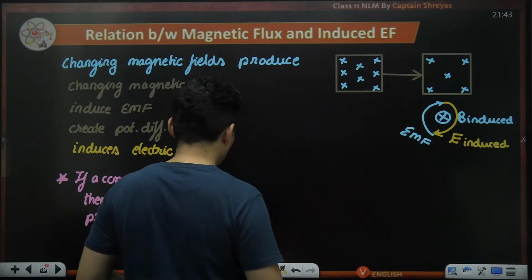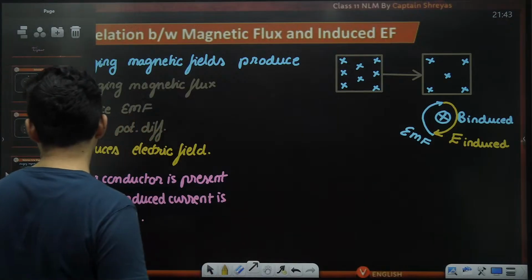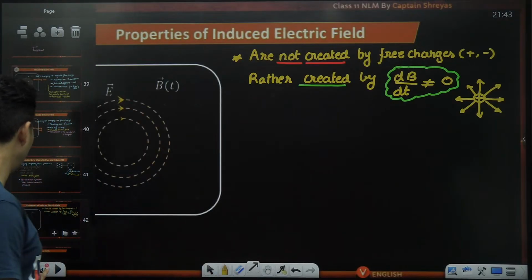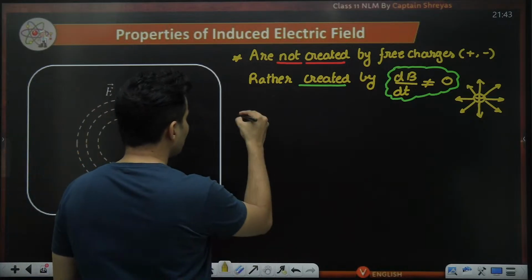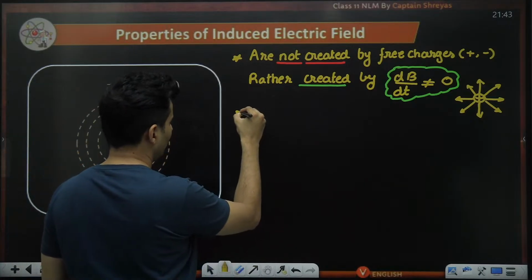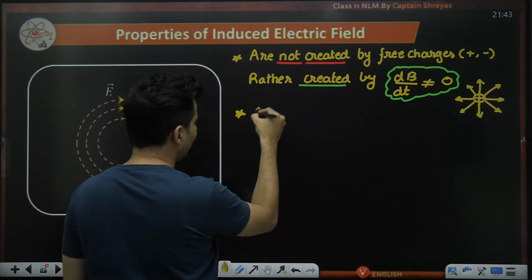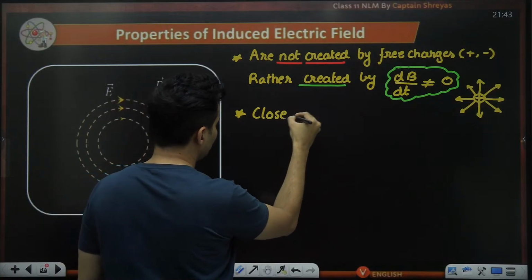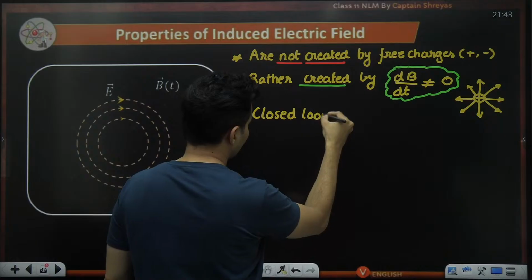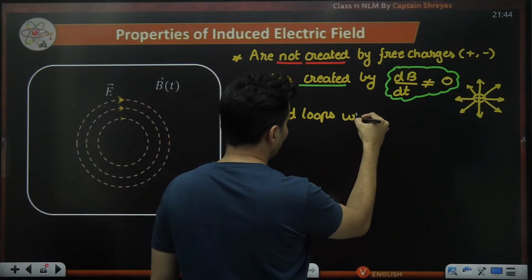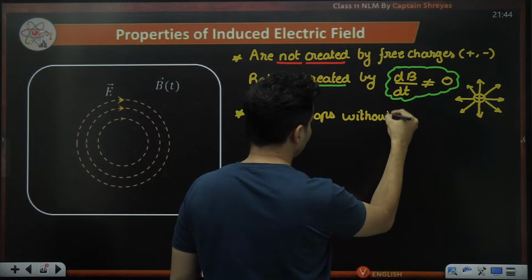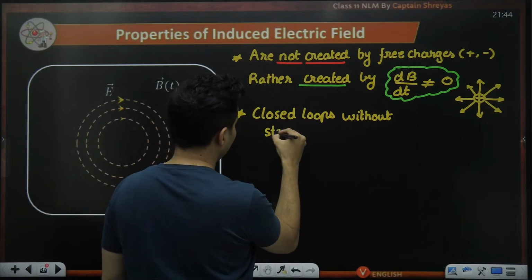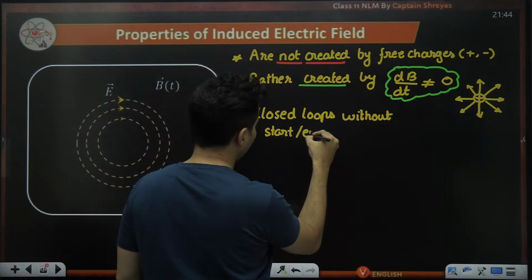Yes, in fact, these electric field lines form closed loops, which is very counterintuitive. They are always going to be closed loops without any start or end.